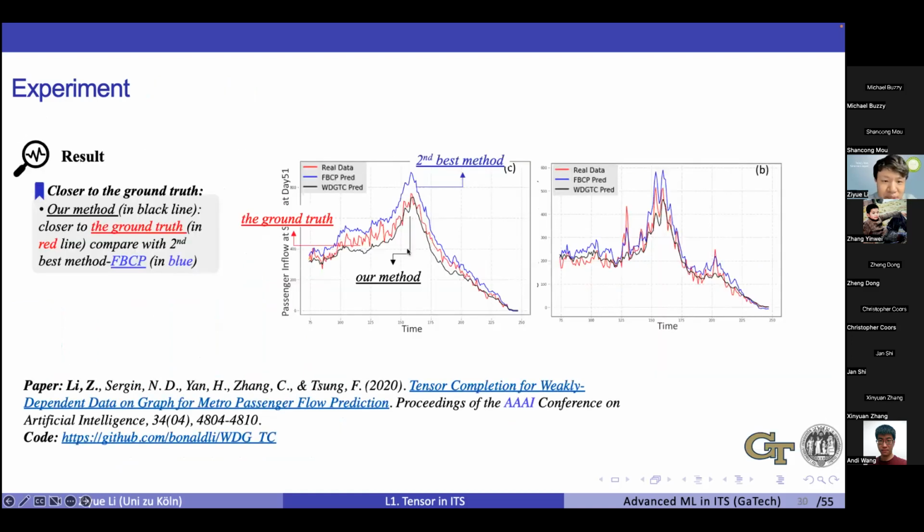This other result I will skip. And this visualization shows that our method is also visually quite close to the ground truth. Okay, so far, this is the whole prediction we discussed, and this is the most important part of the first lecture.